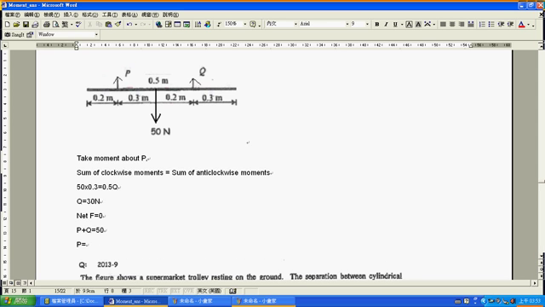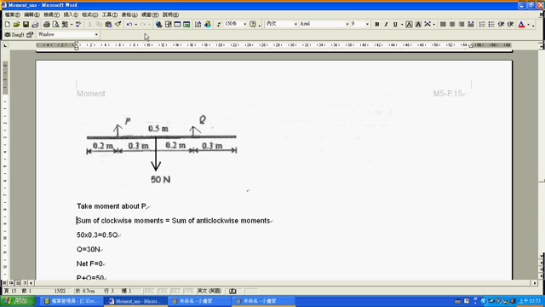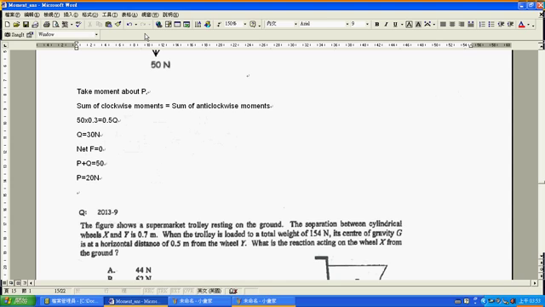So P equals 20, isn't it? 20 newtons. So P is 20, Q is 30, that gives us the answer B. Okay, the answer should be B.